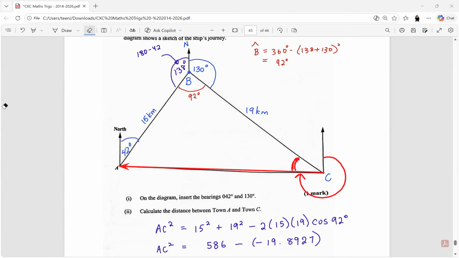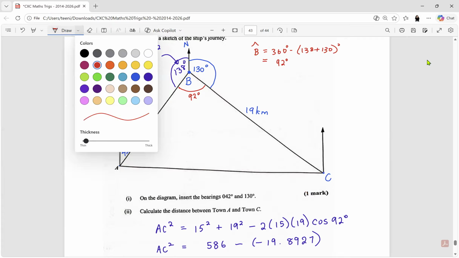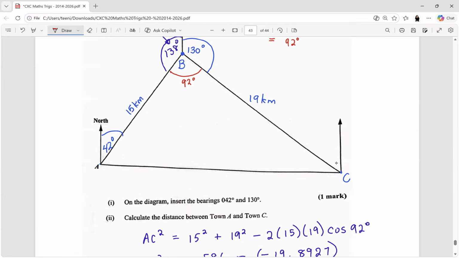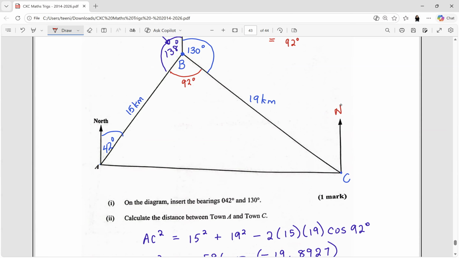Let's just put that in just to have it there. All right, we're looking at the bearing of A from C, which is the clockwise angle on the outside here. So this is your north line at C, and it's this angle.